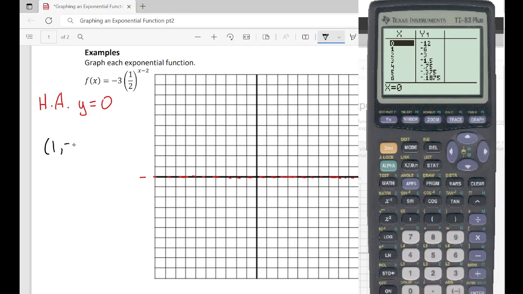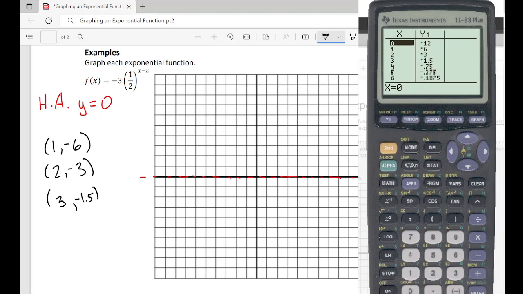So 1, -6, and then 2, -3, excuse me. And then my last ordered pair, I'm going to use 3 and -1.5. So 3, -1.5. So you can go further if you want to, but I'm going to use these for now. I might change my mind in a minute.